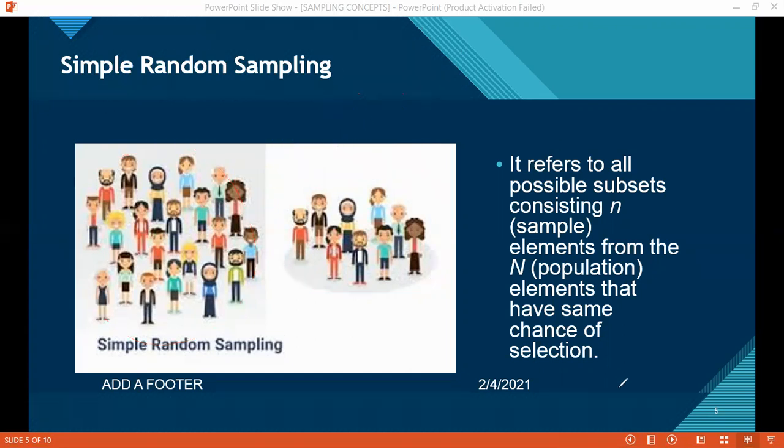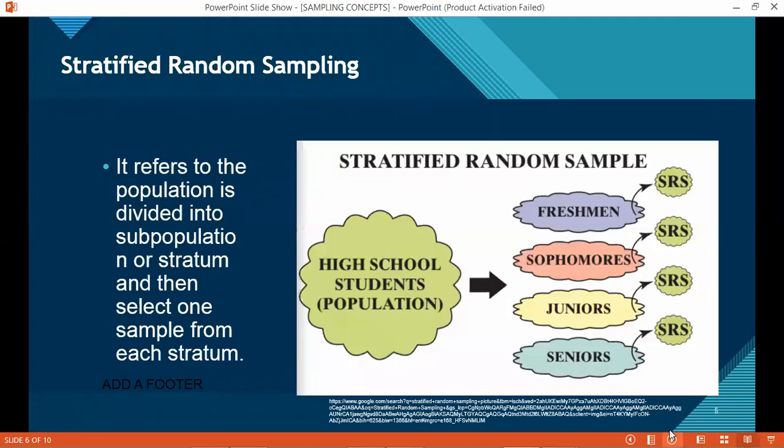Okay. Next sampling technique is the stratified random sampling. Stratified random sampling refers to the population being divided into subpopulations or strata and then selecting one sample from each stratum. So, anong nangyari? You have a population.